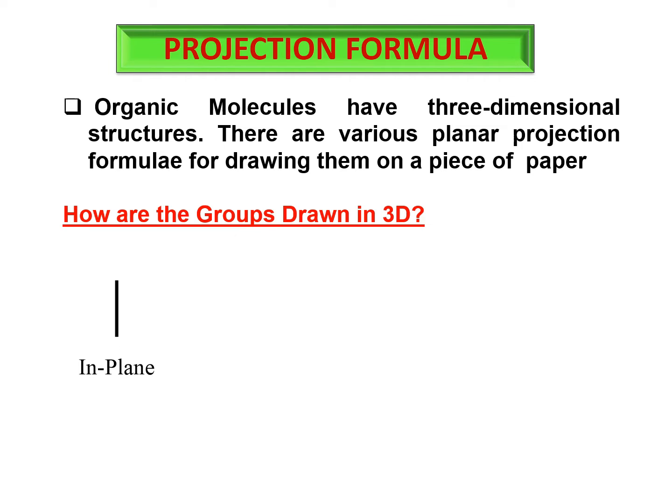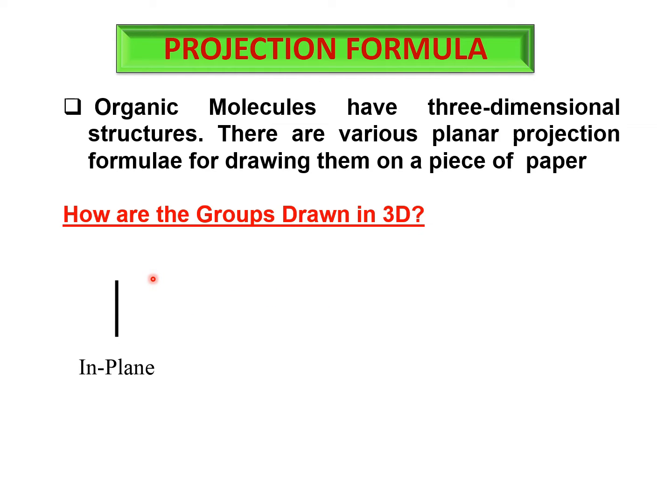So we draw these molecules, or the groups attached to a particular atom in the molecule, with bonds, of course. These covalent bonds are shown with such type of lines.